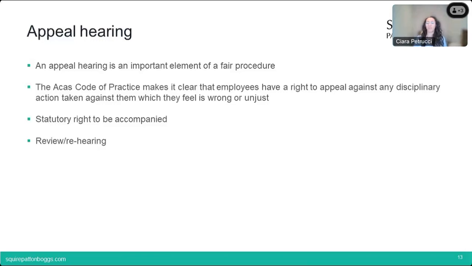And the drawback of that is they're not internal, it's someone external, and you are bound by their decision. So you just have to be really clear that whatever they decide, you're bound by it. And I think, again, it's just to mention that there is a statutory right to be accompanied at an appeal hearing.